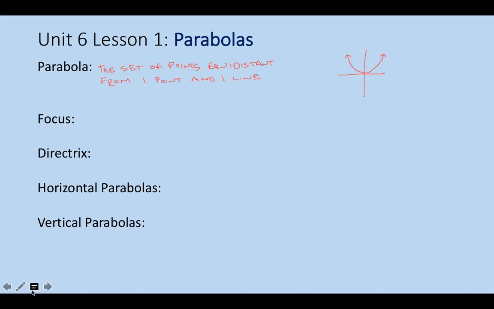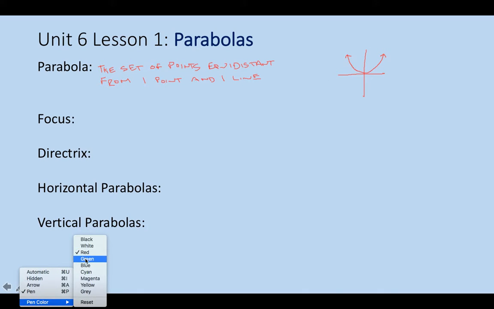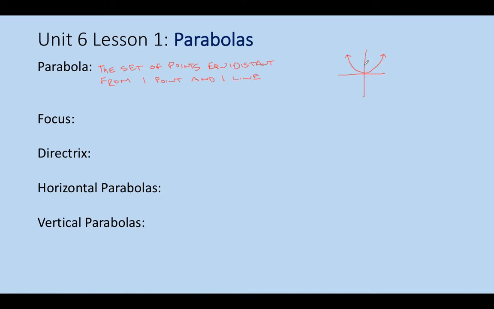If I have a parabola, each of these points would be equidistant from, well, not one point, because you can see it's a certain distance here, a different distance here, a different distance here, and so forth. But it's equidistant from a point and a line.